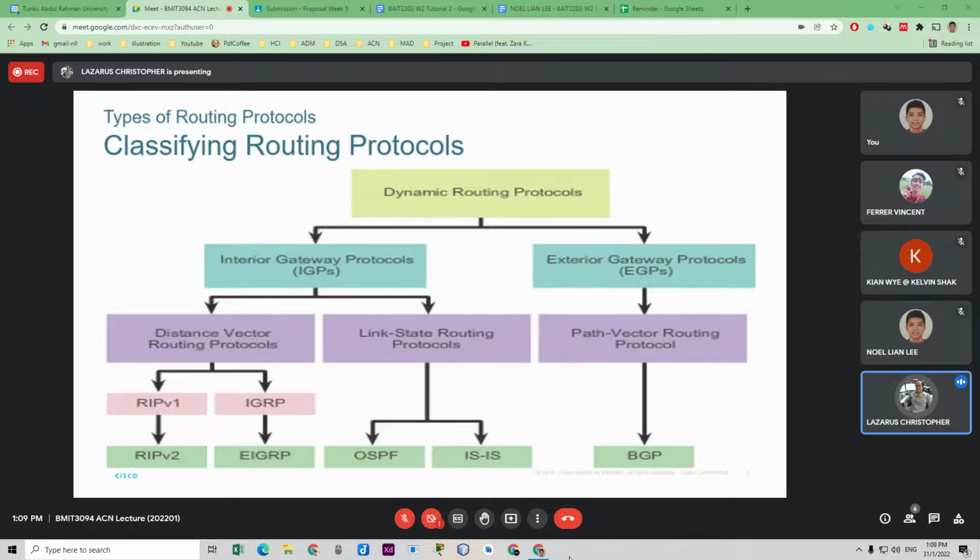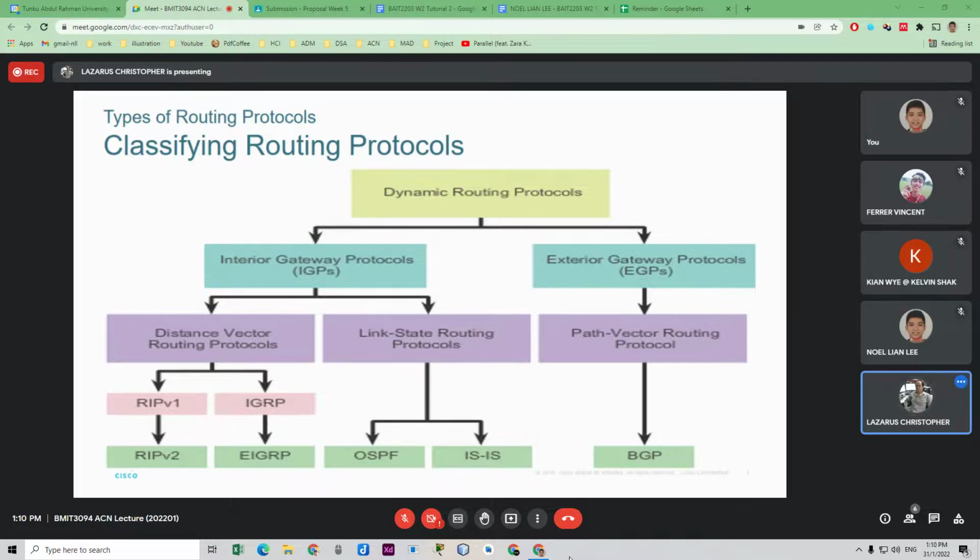So when you look at the classifying of routing protocols, we have dynamic routing protocols. Dynamic here means that once set up, the routers can work independently of the network administrators. I mean, network administrators, after setting up the routers, do not need to do much in terms of updating the routing information. In fact, it should be autonomous. So for example, under OSPF, if a router goes down, and that router happens to be one of the DR or BDR, then an election can happen to elect another router.